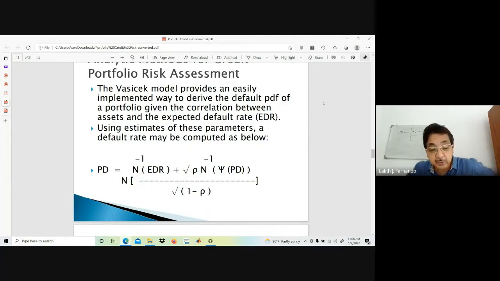Now, I just want to have a small discussion on this. What is the real implication or real applications of these things? For example, if you have a portfolio, what happens is if the portfolio is a homogeneous one. What do you mean by homogeneous? In most of your banks or your organizations, you deal with different types of loans. If you have SME type of advances in one portfolio, those advances more or less have similar characteristics.